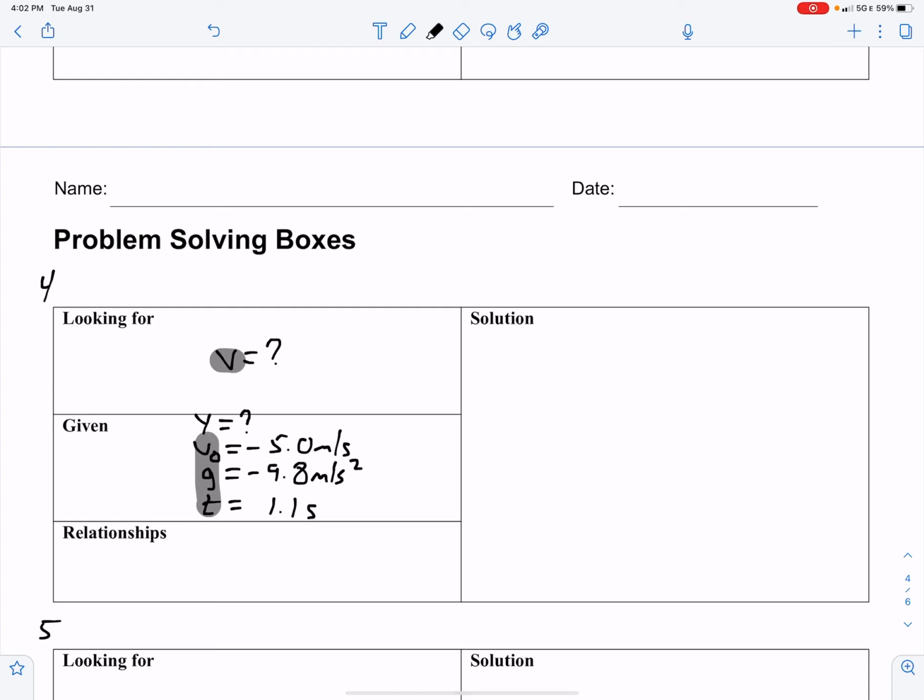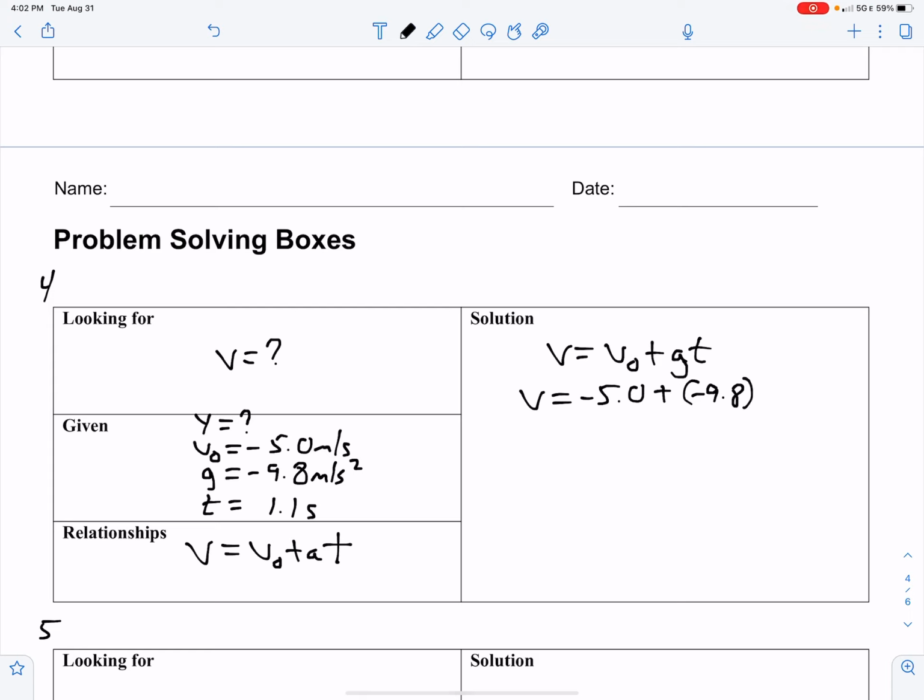Again, you can see we're going to be using equation number 2, which translated gives you V equals V naught plus GT. I cannot cancel anything because nothing is 0, but I've got negative 5 plus negative 9.8 times 1.1.